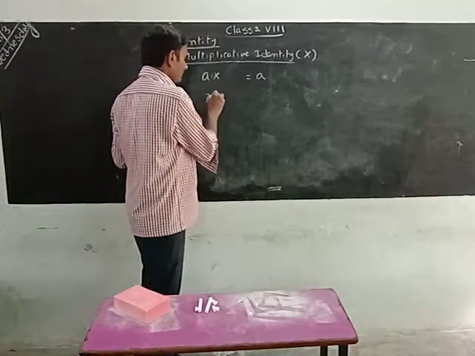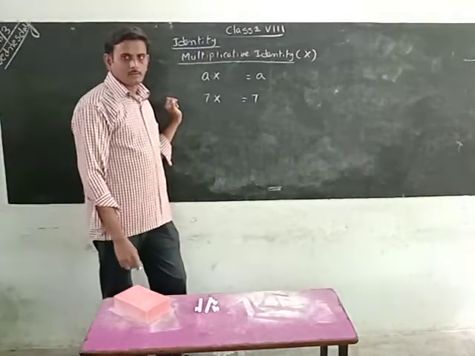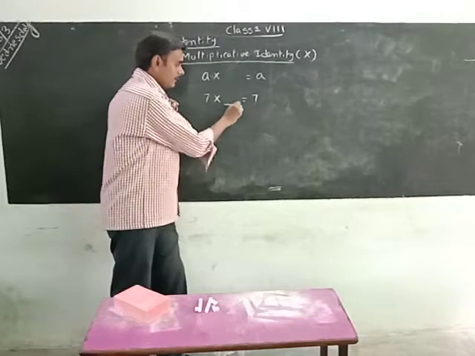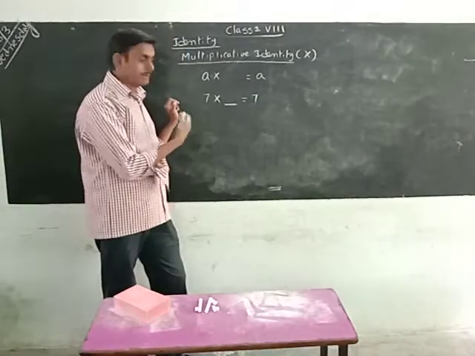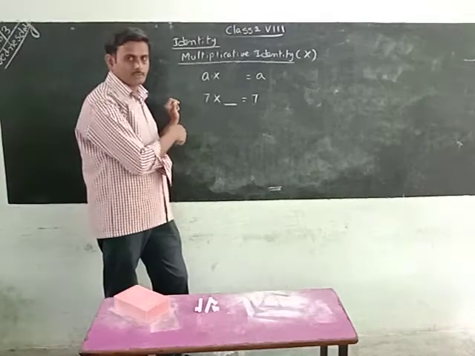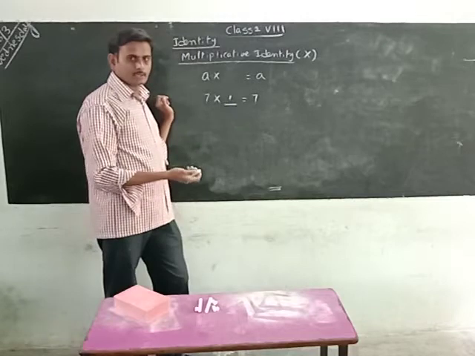For example, 7 multiplied by which number? I want to get 7. By which number will I multiply here to make 7? 7 times 1 gives 7. By multiplying 1 only, we will get 7.